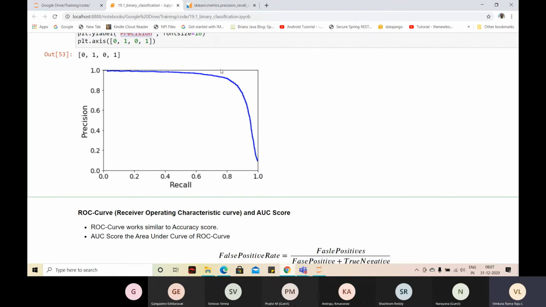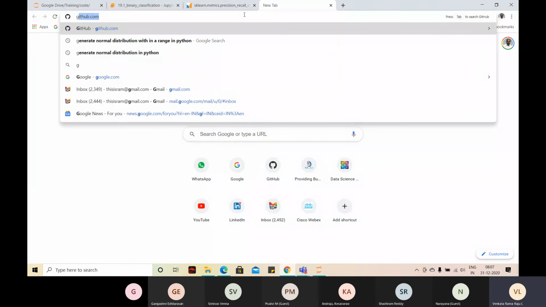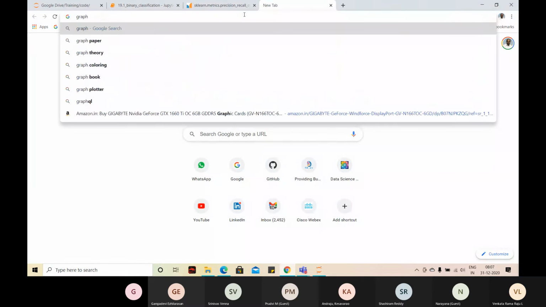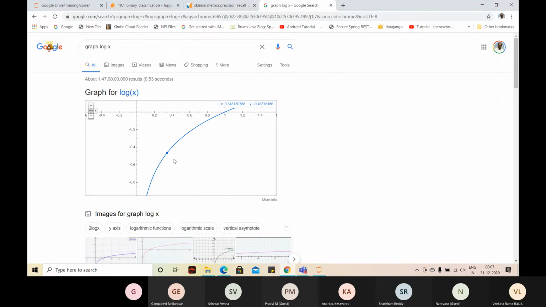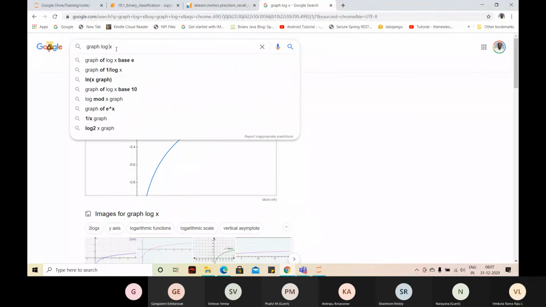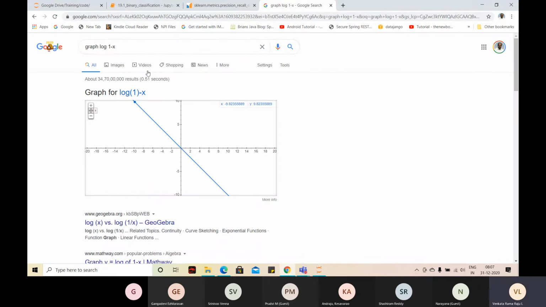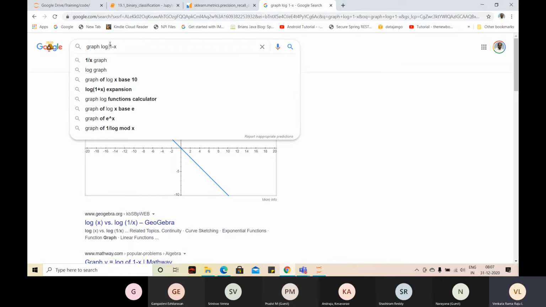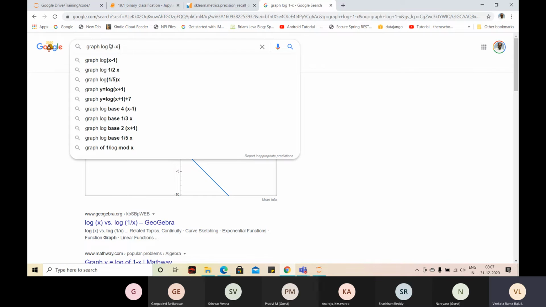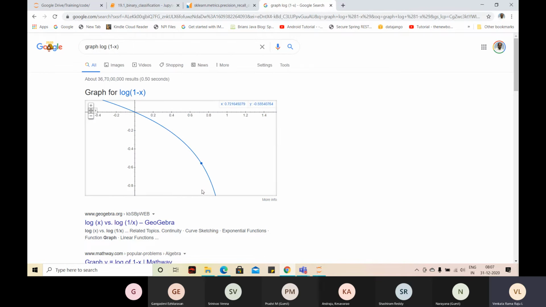If you look at the log x graph, see this? It's a curve going downward, right? Log 1 minus x is in this direction.